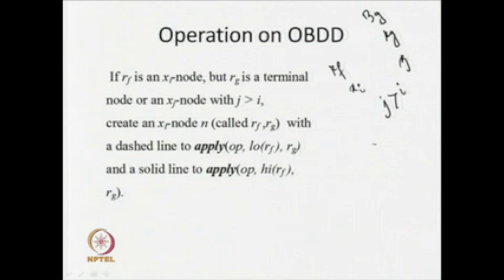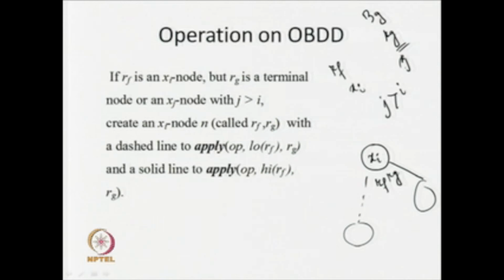So, we are going to create an xi node at that particular point, and again similarly it will be labeled by RF and RG, because these are my root nodes, and similarly we are going to construct these two nodes. So, what will be the position over here? You just see that we are going to now apply this particular operation OP low of RF and RG, because RG is independent of your xi.